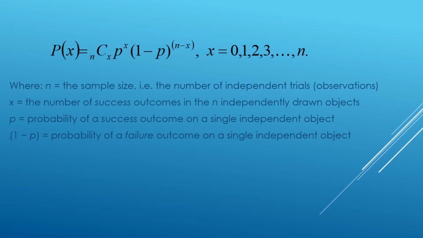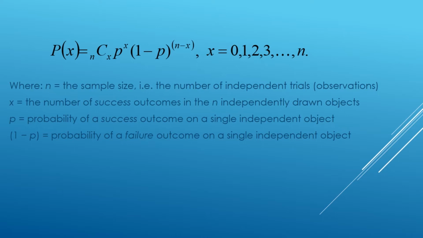Looking at the binomial probability distribution, the formula is given by P(x) equals nCx multiplied by P to the power of x, multiplied by (1 minus P) to the power of n minus x.